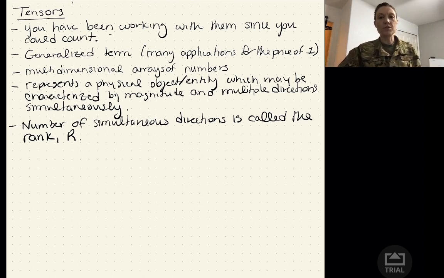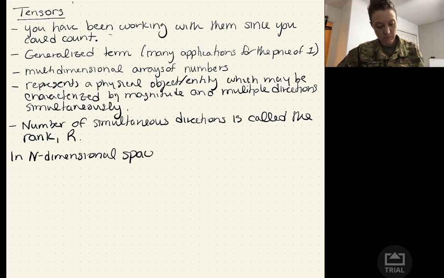Okay, so what we're going to do is play around in n-dimensional space. Let's just start with the first number we can think of, which is 0. So there is such a thing as a rank 0 tensor.